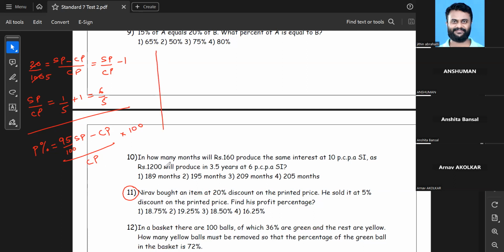Now I'm going to solve this. It's very simple actually. Profit percentage is equal to 95 upon 100, which can be written as 19 upon 20. 5 19s are 95, 5 20s are 100. So I'm writing this as 19 upon 20 multiplied by, same story, I'm going to divide this CP on both sides. So SP upon CP over here minus 1 multiplied by 100.